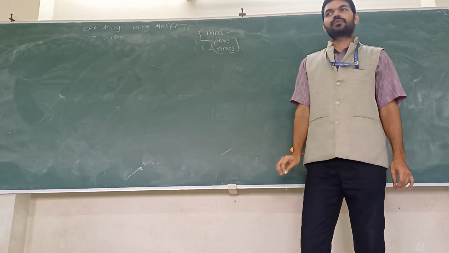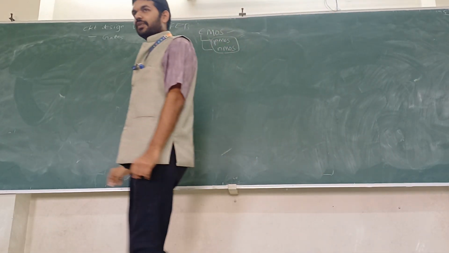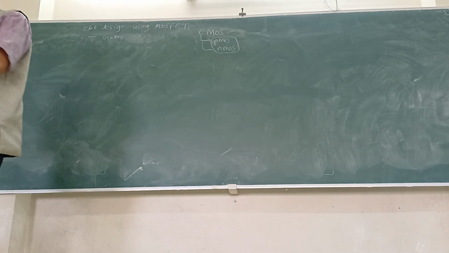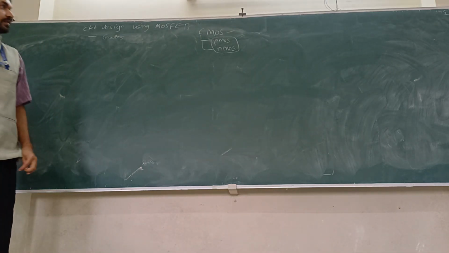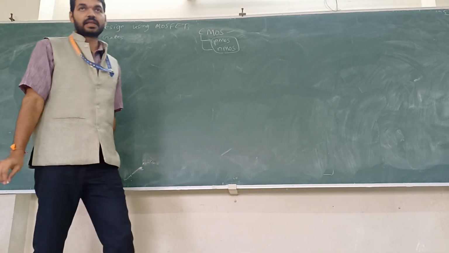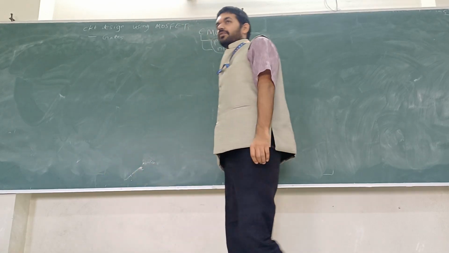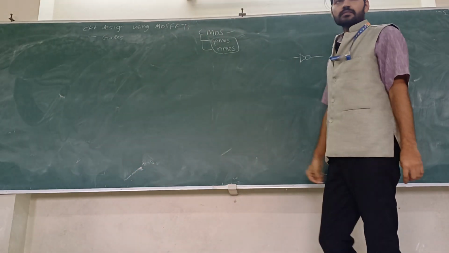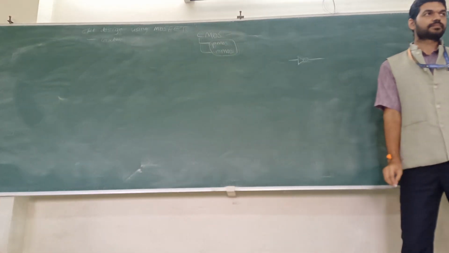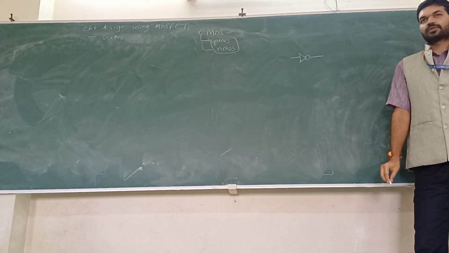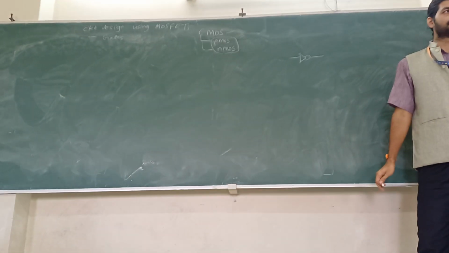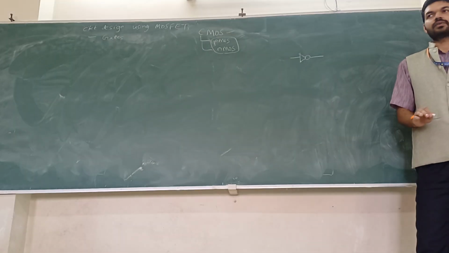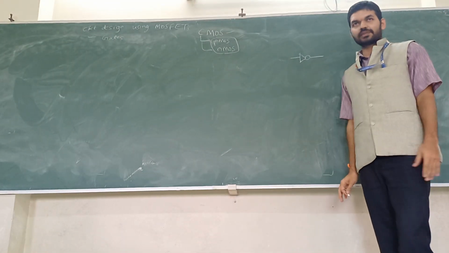So there are a few thumb rules which we have to follow when we go ahead with the gates design. Let us take a very simple inverter or NOT gate. Let me tell you the thumb rules which we have to follow in almost all CMOS related designs.